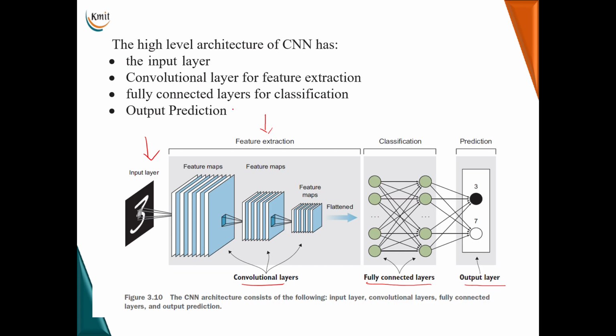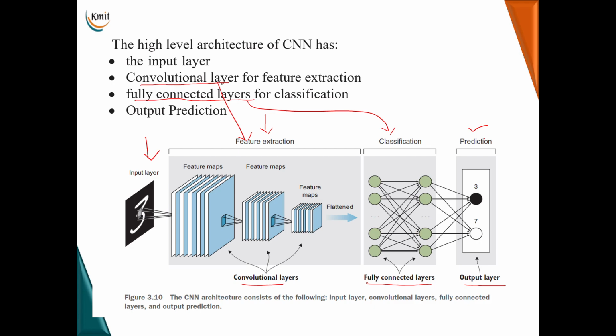So to avoid that, I have replaced the fully connected layer with a convolutional layer for feature extraction. And it is noticed that fully connected layers do their job very well in terms of classification. So I am using the fully connected layer for classification, and the third is output prediction.